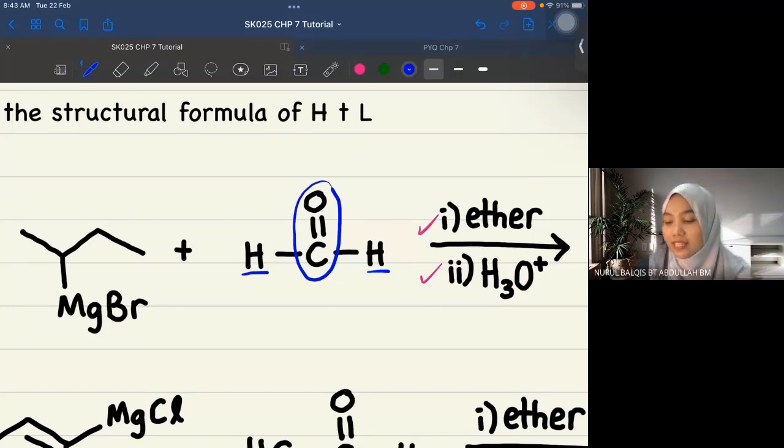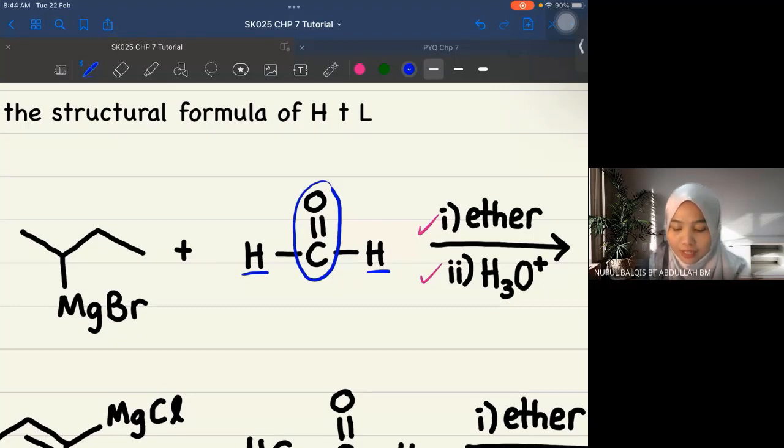Kalau kita tengok dari synthesis of alcohol tu, dia bagi berapa? Awak tengok balik nota. Ada berapa classes of alcohol? 3. Jadi, bila kita kata primary alcohol, secondary alcohol, tertiary alcohol, samalah macam primary alkyl halide, secondary alkyl halide, tertiary alkyl halide.